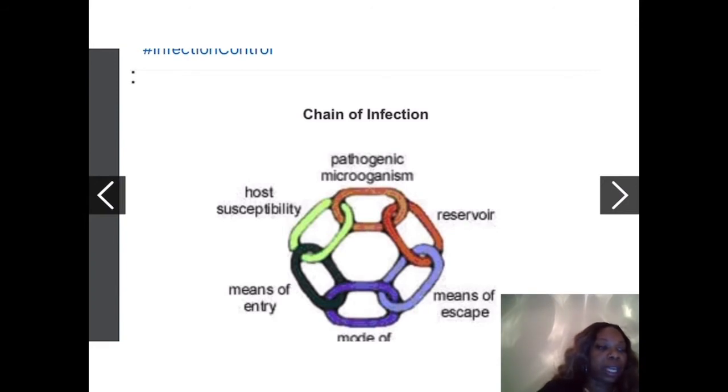Your portal of exit is the means by which a pathogen exits from a reservoir. For a human reservoir, the portal of exit can include blood, respiratory secretions, and anything exiting from the gastrointestinal or urinary tract. Those are definitions for the chain of infection.